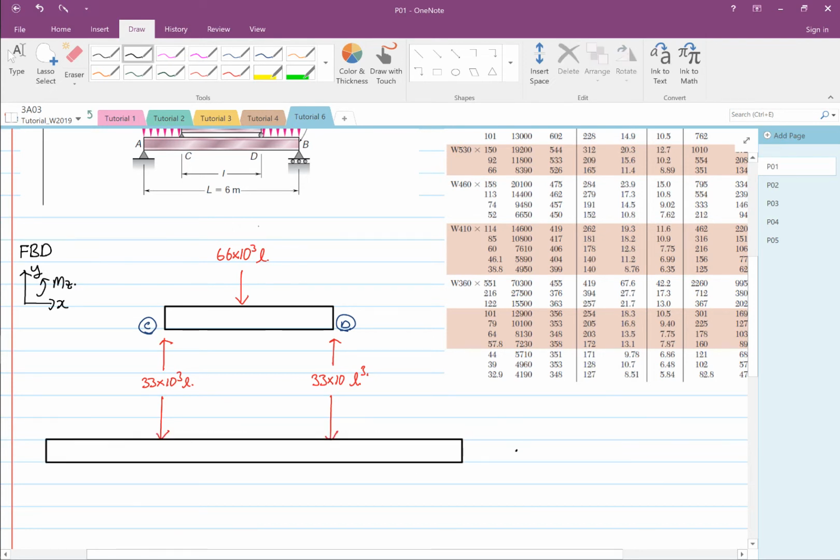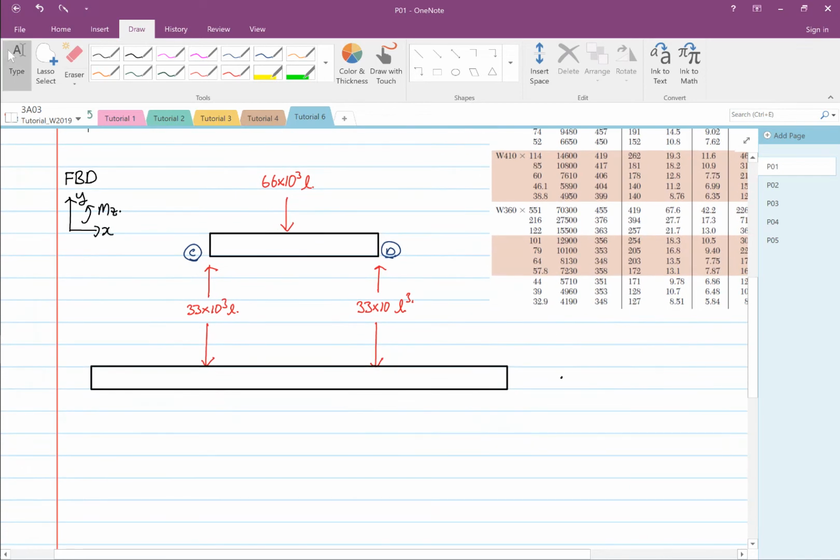From here you have reaction forces AY and reaction forces BY, and to label our points, we have point A, point C, point D, and the last one is point B.